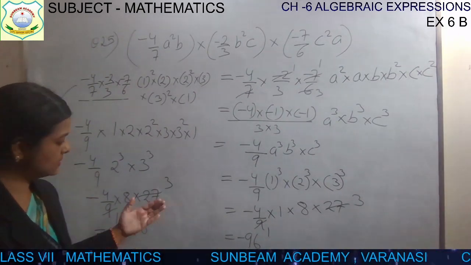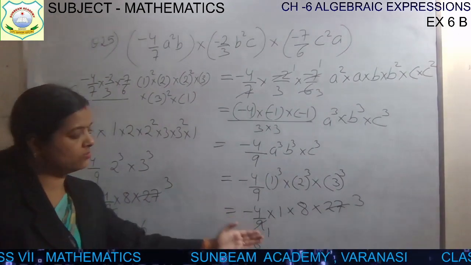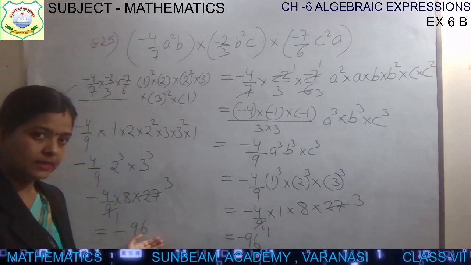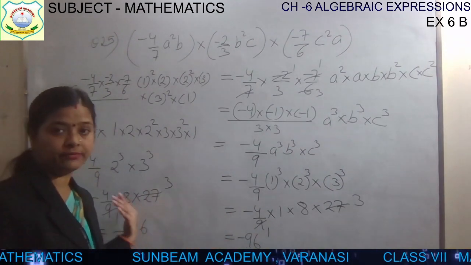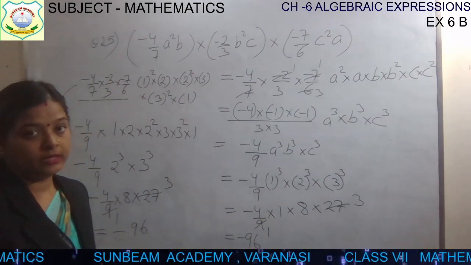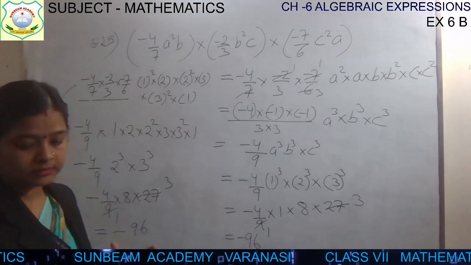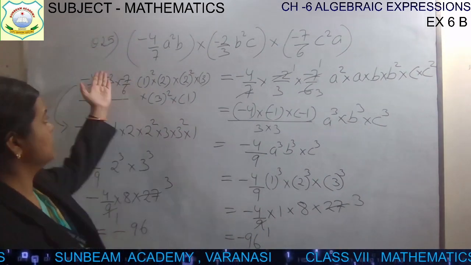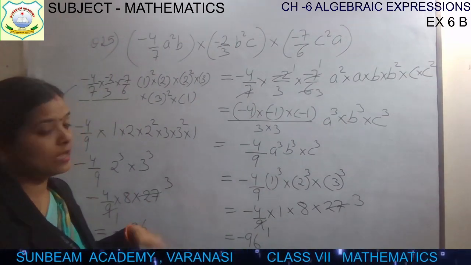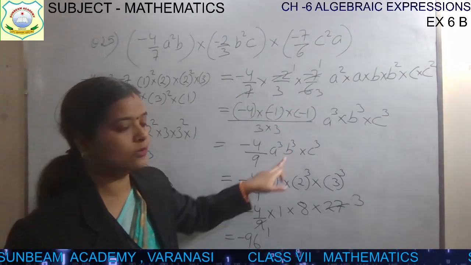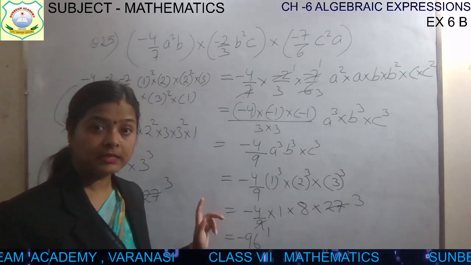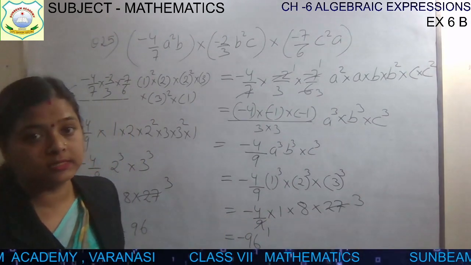Minus 96 means this LHS, LHS is equal to RHS, hence verified. What will you write here? LHS is the left hand side, the left of the equal sign. So LHS is equal to RHS, hence verified. Or if you don't have space in your copy, you can write that LHS is this much. Find it first. LHS value is this. Now RHS is the product of the given question. Write this, and then RHS value is minus 96. As we can see, LHS is also minus 96, RHS is also minus 96.